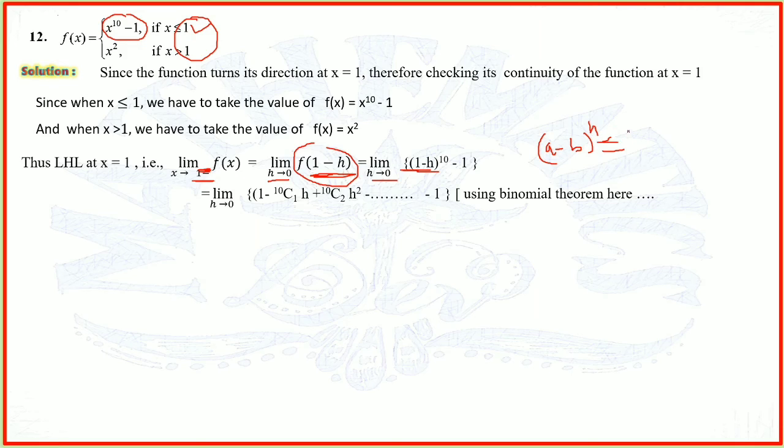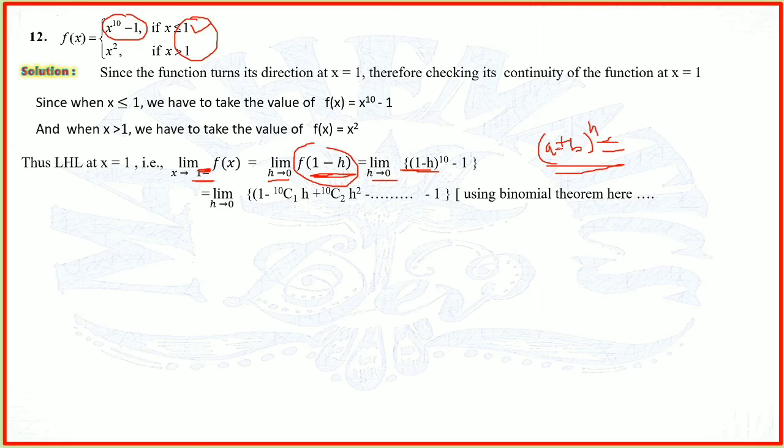It will start with a power n, b power 0, and so on, moving towards the end.